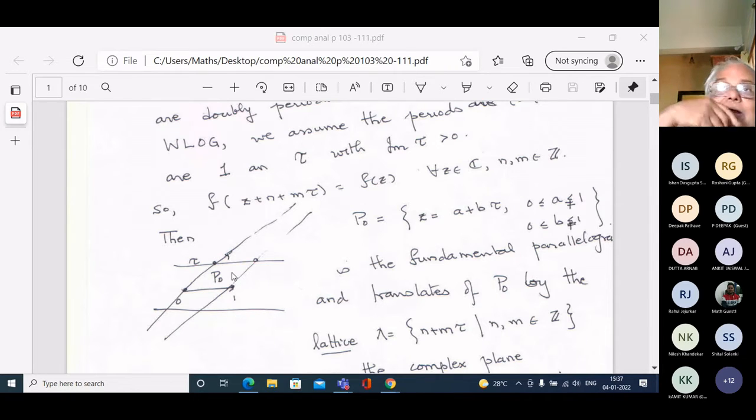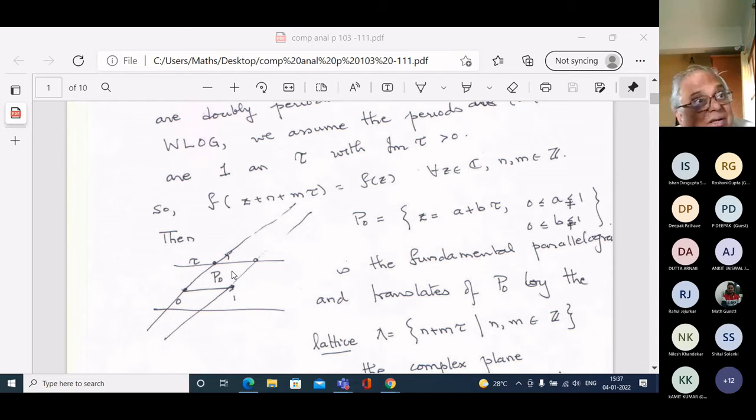Then, if omega 1 is a real multiple of omega 2, suppose it's a rational multiple of omega 2 first of all, then you'll get that f is going to be doubly periodic in some bigger region, and therefore you'll get f is constant.